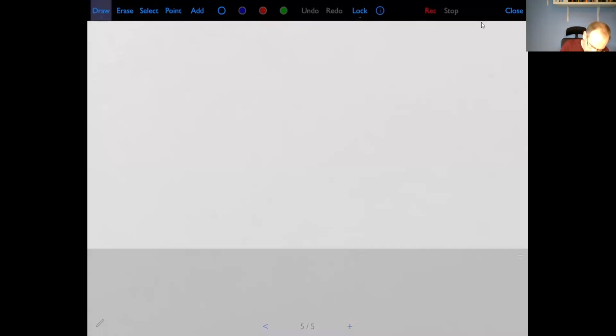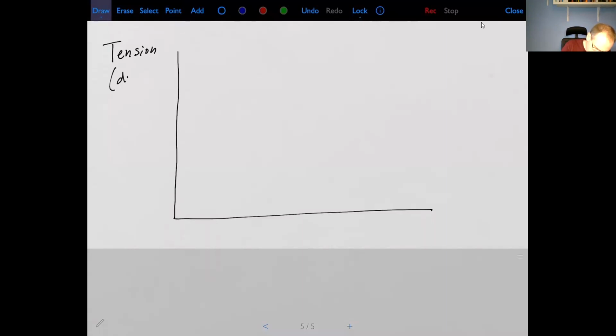Okay, so we're plotting tension on the y-axis, this is in dynes, versus acceleration on the x-axis, which is in centimeters per second squared. You want to make sure you include 0, 0 as one of your points.